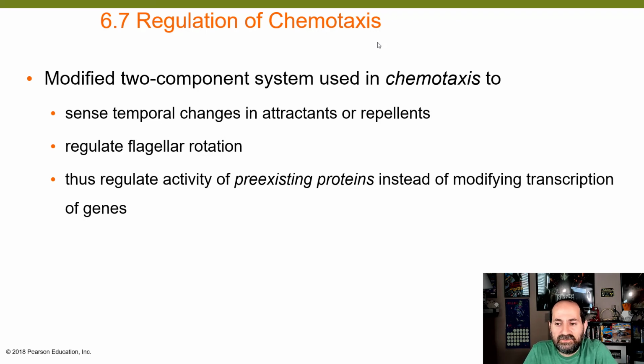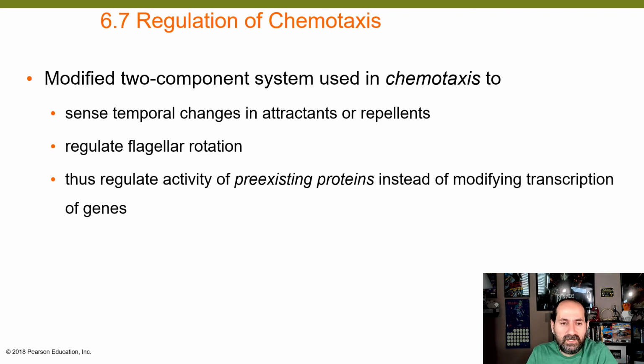And this has to do with counterclockwise rotation of the flagella for run and clockwise rotation of the flagella for tumble. And remember how motility works for microorganisms. It works as a series of runs and tumbles, runs and tumbles. The bacteria will run towards the attractant and tumble if it's moving away from the attractant, eventually making its way towards the attractant. So how does this process work?